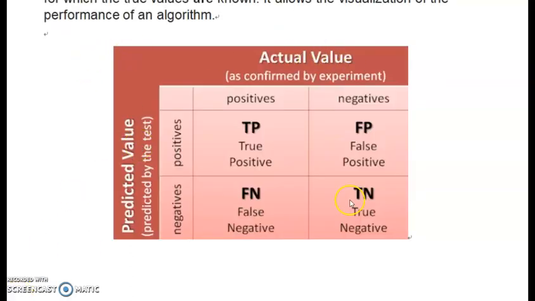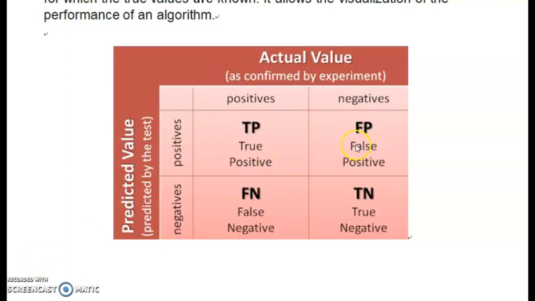Here you can see a picture. This is the actual value, which means the true value. And this is the predicted value. It may be true or may not be true, but it is just predicted by ourselves. And what does true positive mean? True positive means the actual outcome is true, and what you predicted is also true.